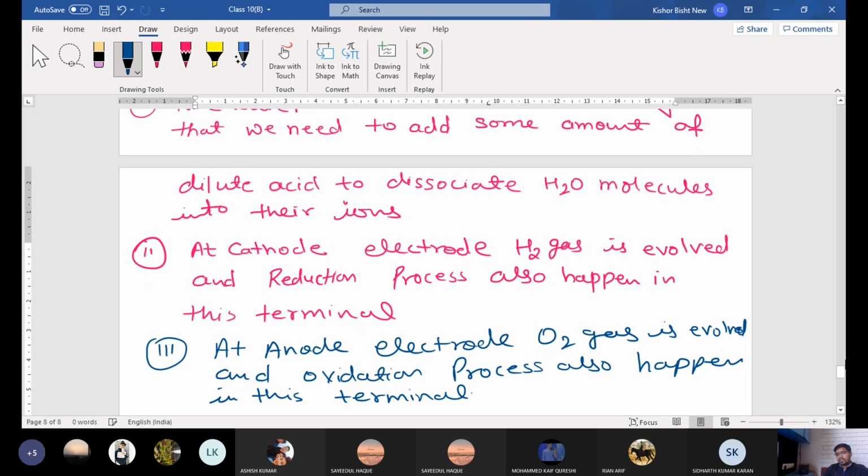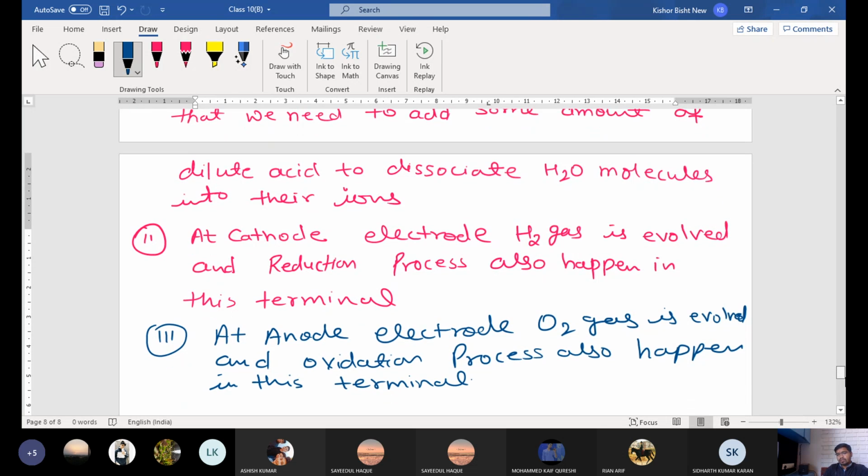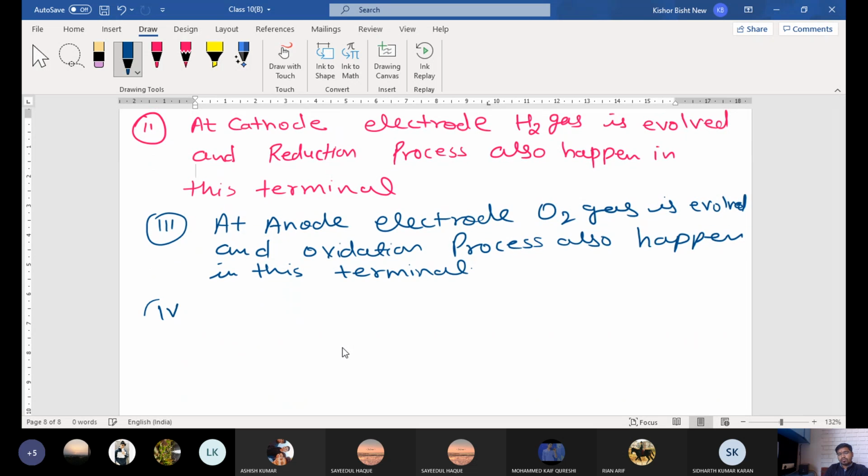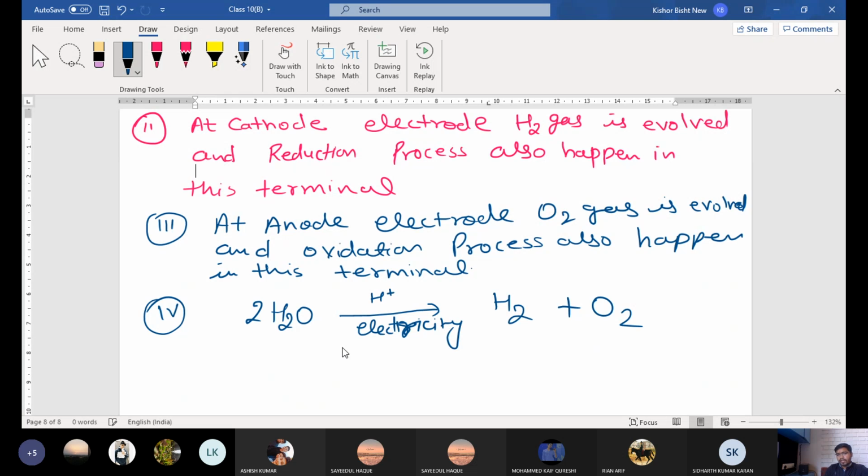And the last, fourth point. Just you see what I said: the water molecule we have taken in the presence of acid and electricity forms hydrogen and oxygen molecules, and to equalize the number of atoms on the left side and the right side, we need to write twice. So here you see 2 moles of hydrogen and 1 mole of oxygen are formed. So what is the ratio?